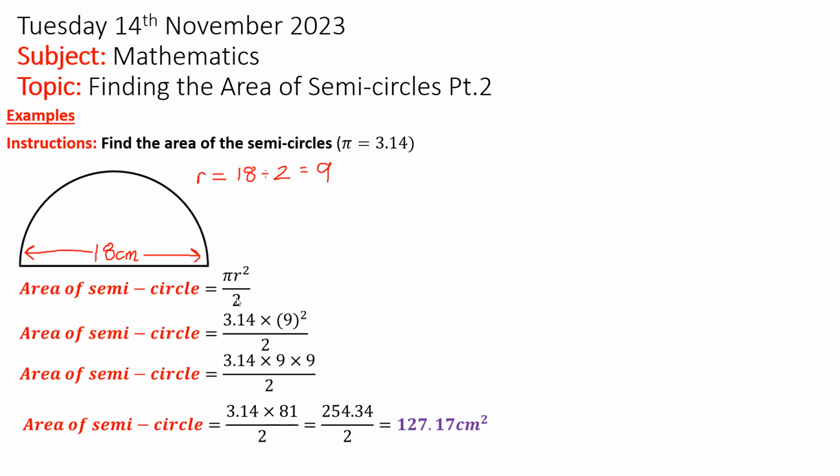Pi is equal to 3.14, and we multiply that by 9 squared, divided by 2. So that's 3.14 times 9 times 9. Why do we do 9 times 9? Because it's squared. Okay, good. Divided by 2.